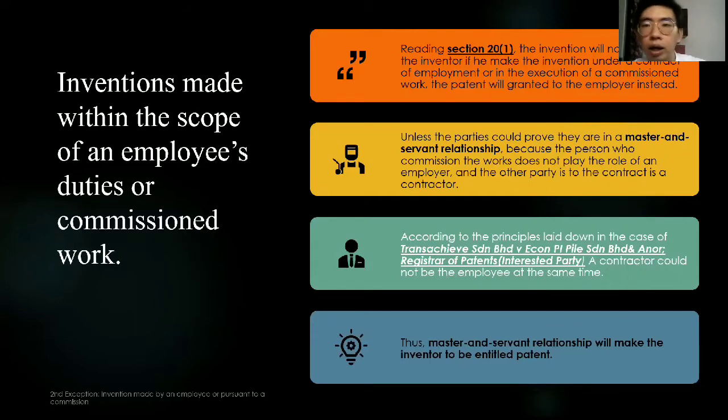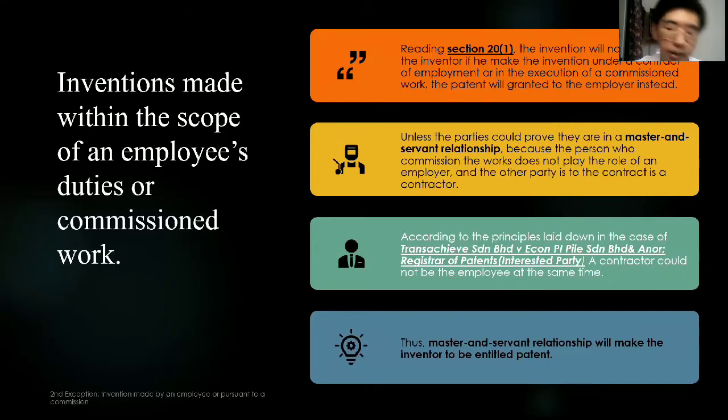If we read section 21, if the employee made an invention pursuant to his commissioned work or his employment duty, the patent will not be granted to the employee but to the employer. Unless the parties could prove they are not employer and employee, but master and servant.